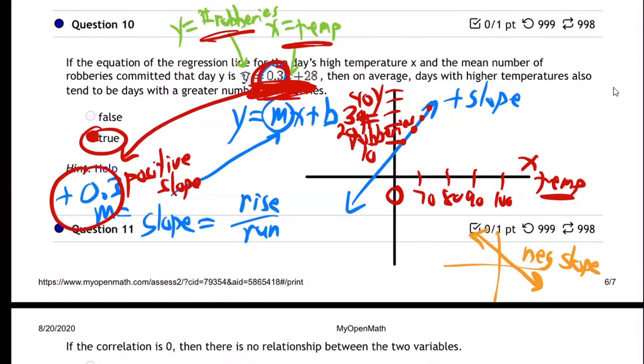I bet if you take real life data in a city like Fresno, the months that have higher average temperatures are months that have more robberies. I bet there's more robberies in the summer than in the freezing winter, especially in towns where everything's frozen and people don't go out very much. So it's not that the temperature is causing robbery, but it is connected.